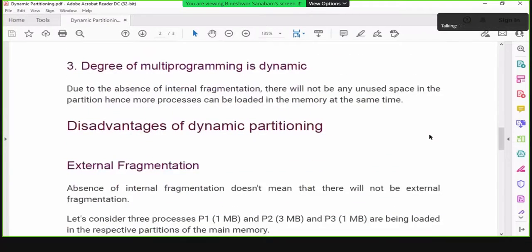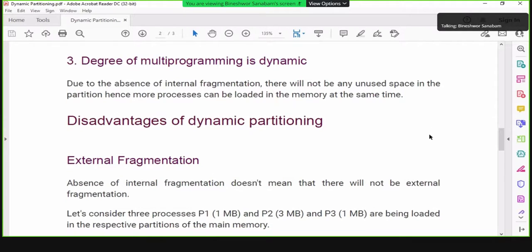So the next question that we were talking about was external fragmentation. Even in dynamic partitioning, there can be external fragmentation as well. The absence of internal fragmentation doesn't mean that there will be no external fragmentation.